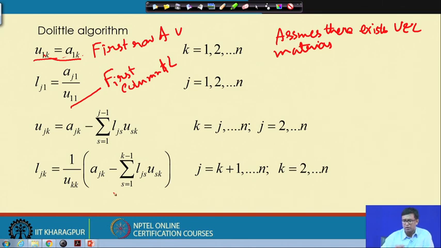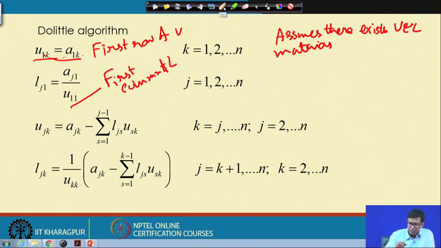So, it assumes that U and L matrices already exist, somehow starts forming the first row of U and first column of L, and uses that to get the next rows and next columns, so that the product of the rows and columns gives exactly the elements of A.